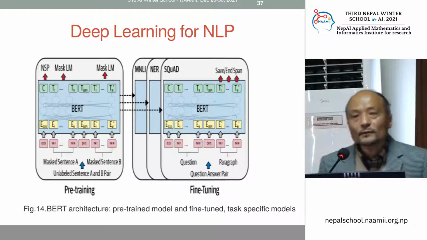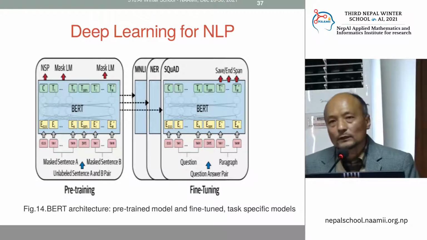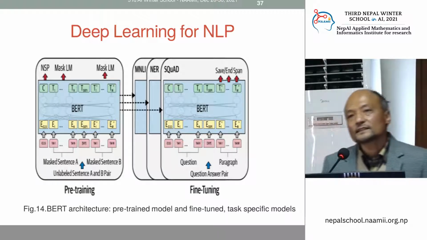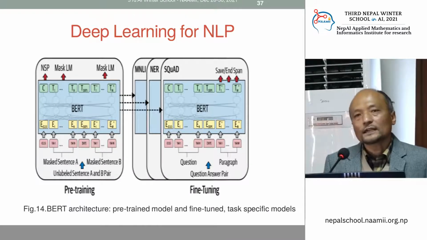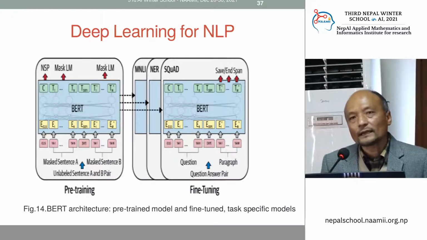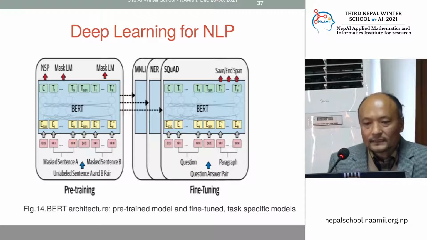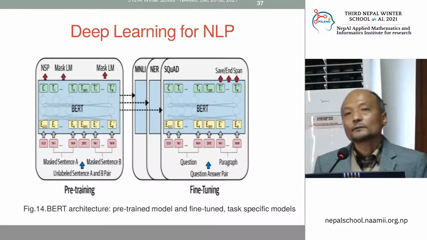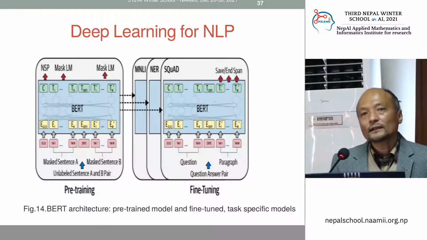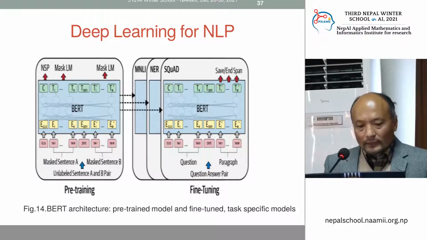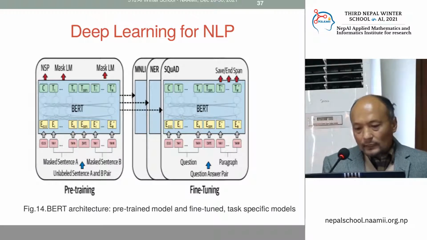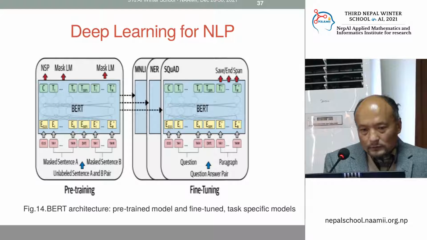You get some results out of that pre-trained model, which might not necessarily be accurate because it was not developed for the particular purpose you are experimenting with right now. But the next step is to fine-tune the results of that pre-trained model. So this is the BERT architecture: a pre-trained model, fine-tuned, and then task-specific models.